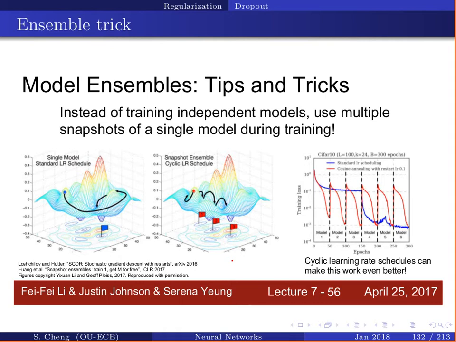How many models should be averaged? I guess it's up to you. For example, in this example here, they just do 6.